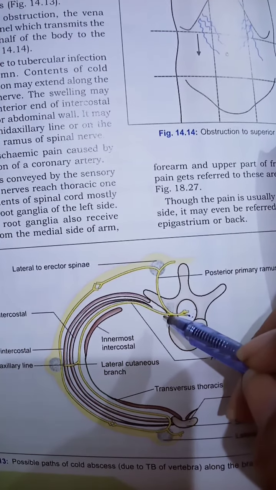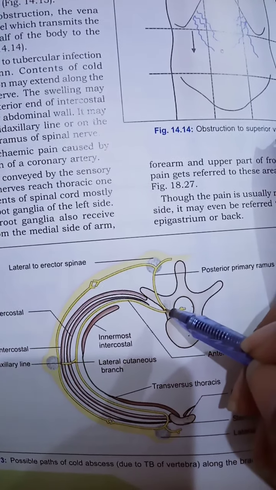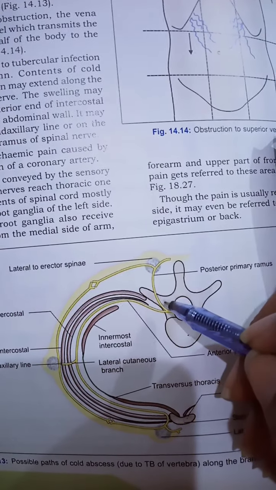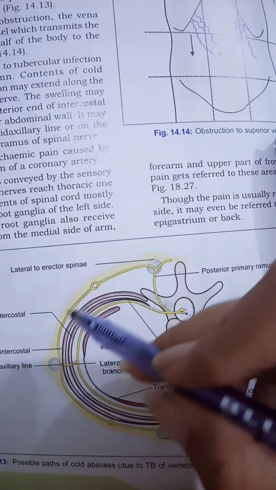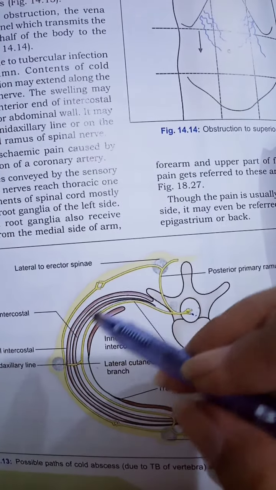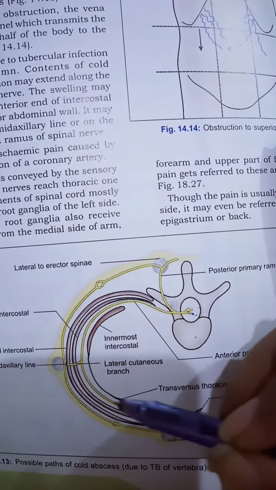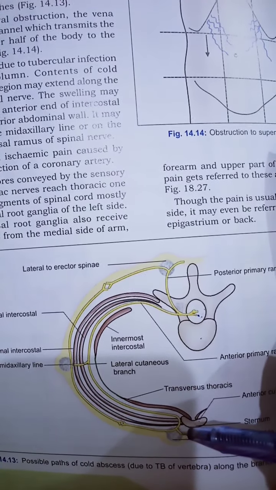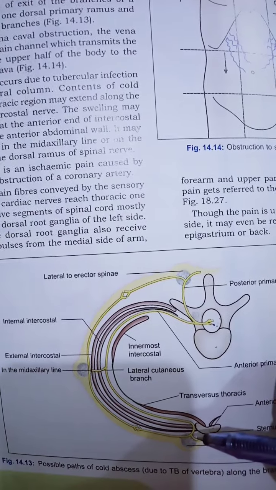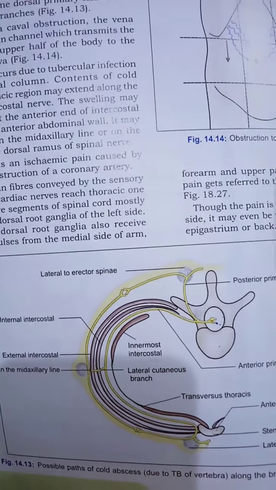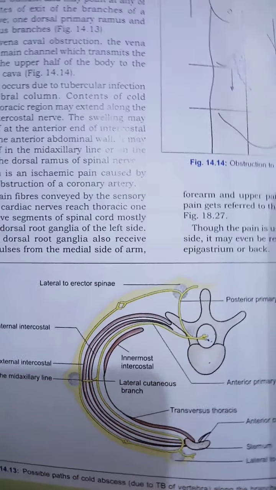It is coming out of the intervertebral foramen, and when it does so, it divides into a posterior primary ramus supplying the posterior and lateral abdominal wall, and the anterior primary ramus which is moving forward as the intercostal nerve and supplying the anterior chest wall, right?